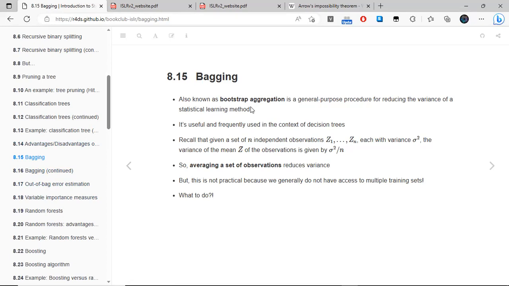But at least for this type of model that does have a high variance, the effect, the decrease in the testing error, is significant.